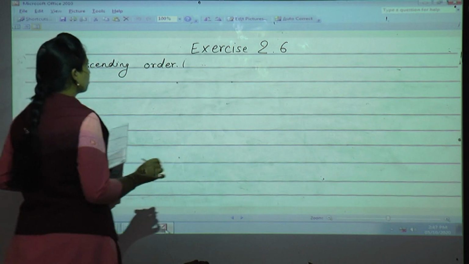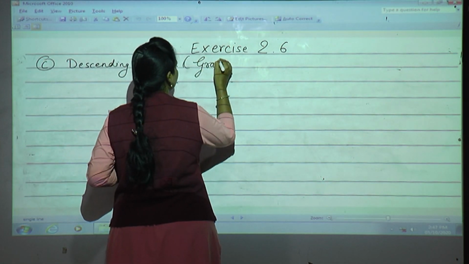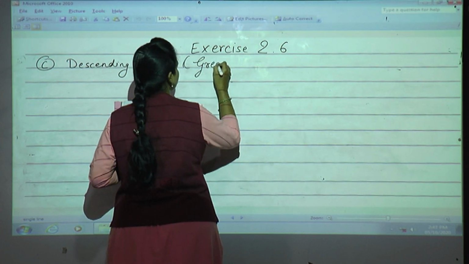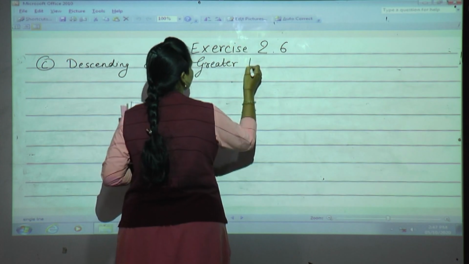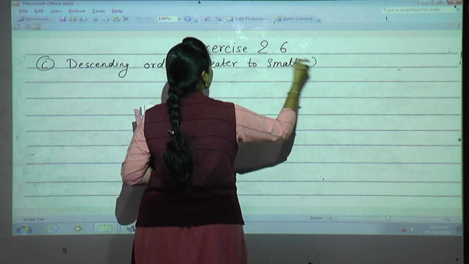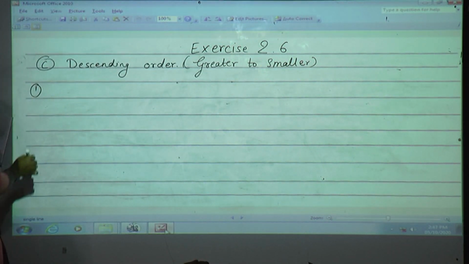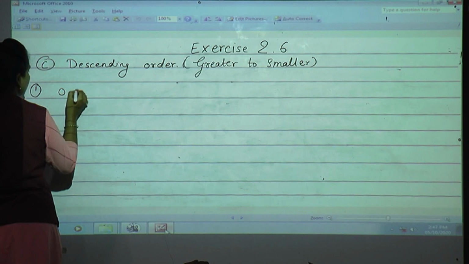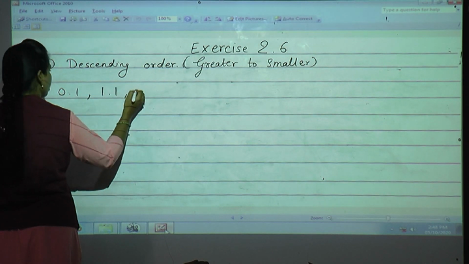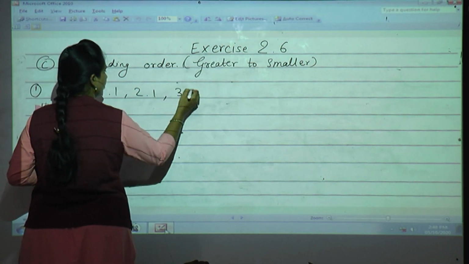Descending order means what, students? Greater to smaller. Now the first example I will solve for you. 0.1, comma, 1.1, comma, 2.1, comma, 3.1.